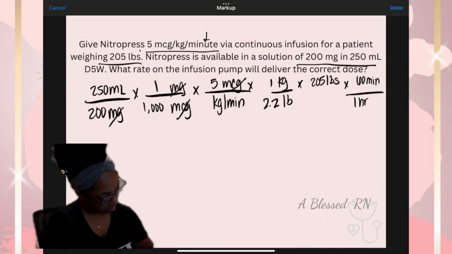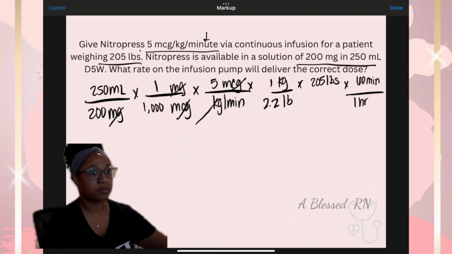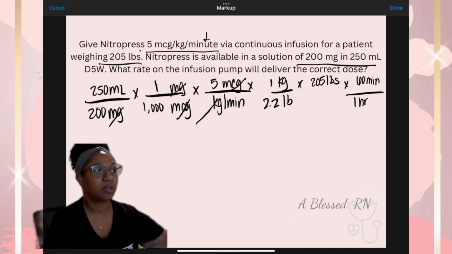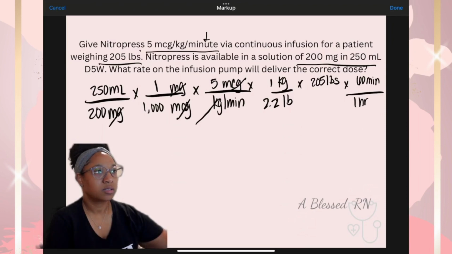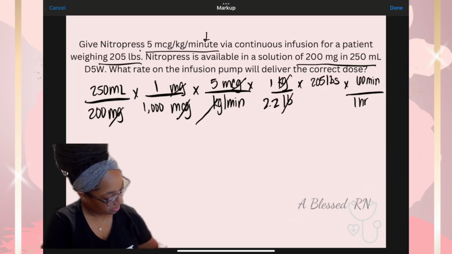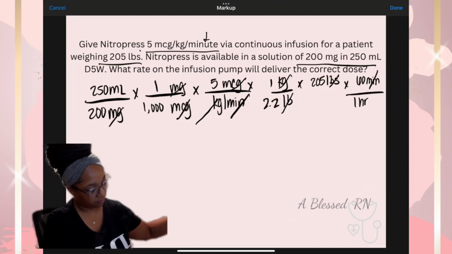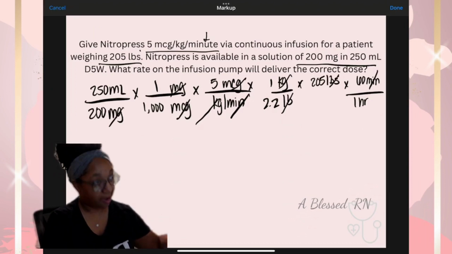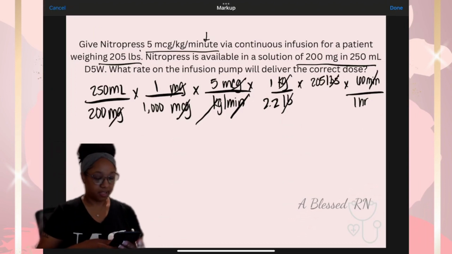Microgram, kilogram. Okay. Sorry, something popped up on my computer. Pounds and minutes, and then we're left with milliliter over hour, and that's exactly what we're looking for.